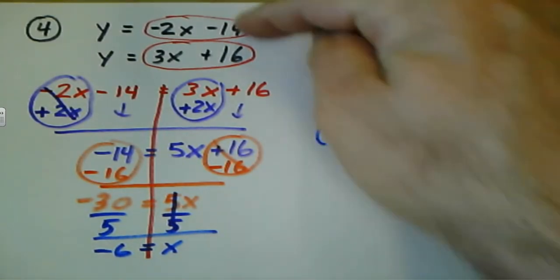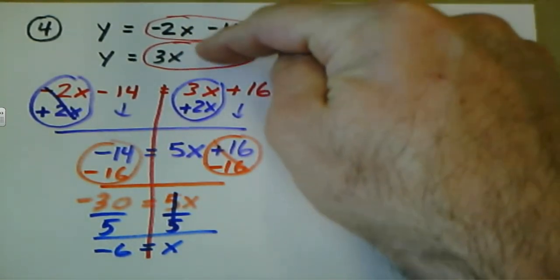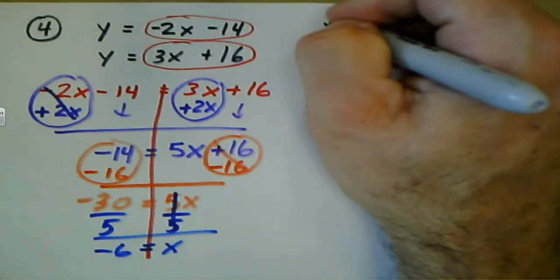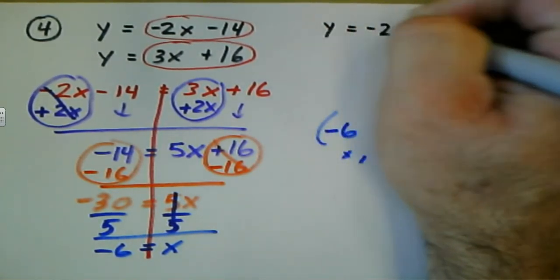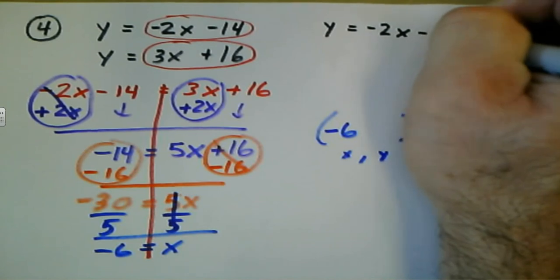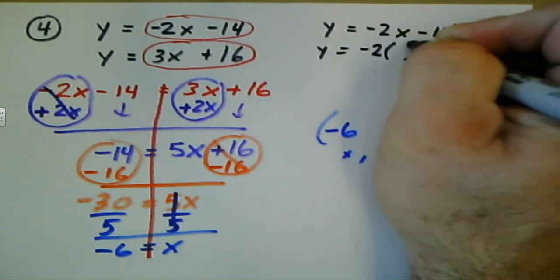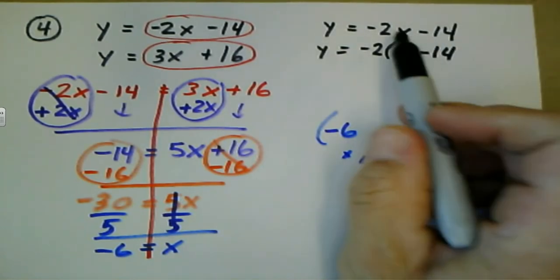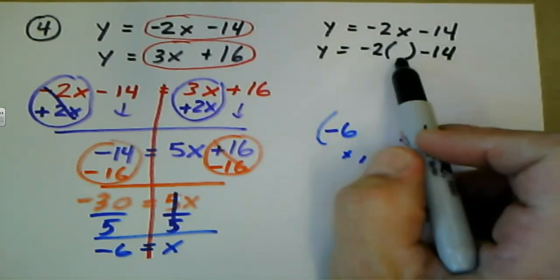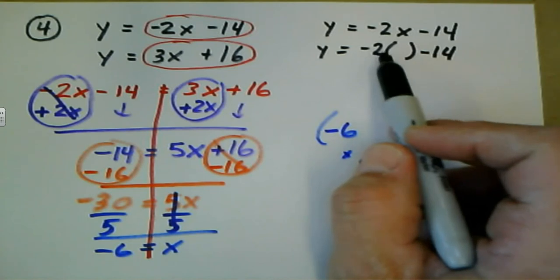We are going to take either one, doesn't matter. I'll just take the top one because that's usually what I do unless there's an easier way to do it. And what I'm going to do, and I just wrote it out, is replace the x. Do you see how I replace the x with parentheses? Don't put the x back in here.